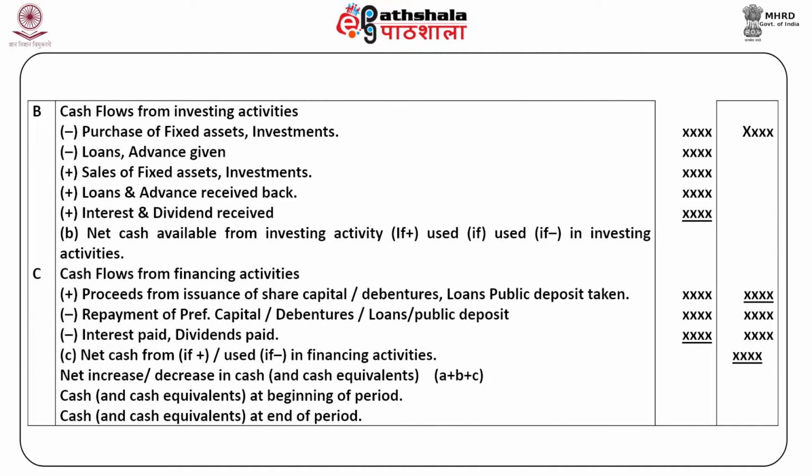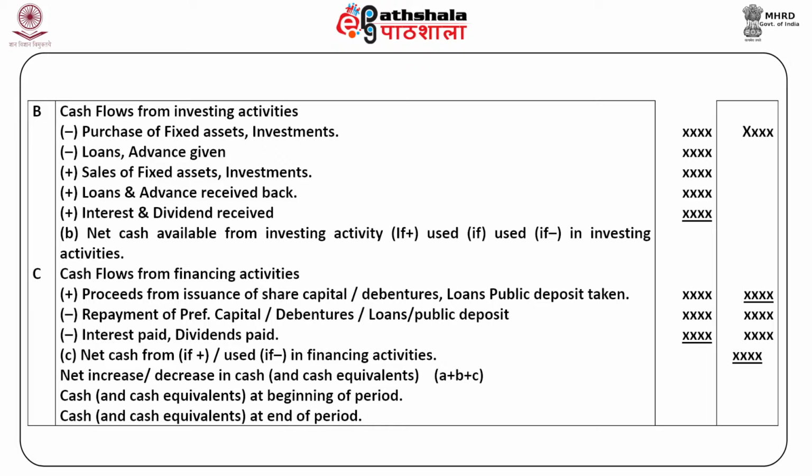B. Cash flows from investing activities. Deduct from this purchase of fixed assets and investments. Deduct loans and advances given, but add back sale of fixed assets and investments.